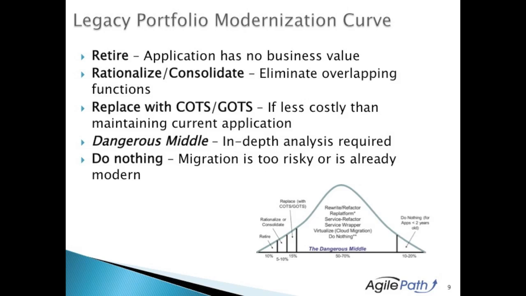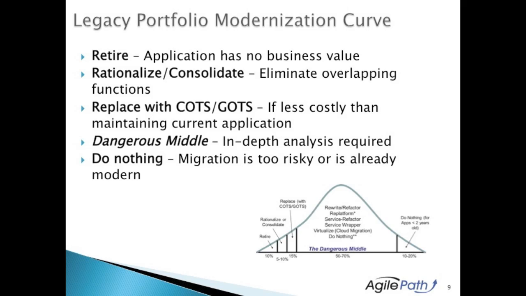Now, this is just a little bit more detail around those categories I've just quickly gone through. So, again, there's the retirement option, which basically says, it's got no business value, no revenue impact. That should be killed right now. And that's easy savings that can accrue to the bottom line. The rationalize-consolidate bucket, again, is all about identifying and eliminating redundant applications or capabilities.